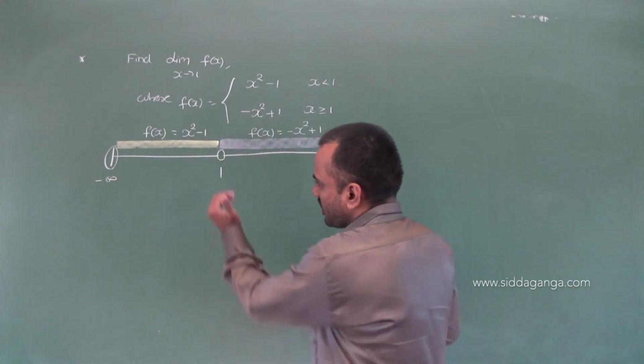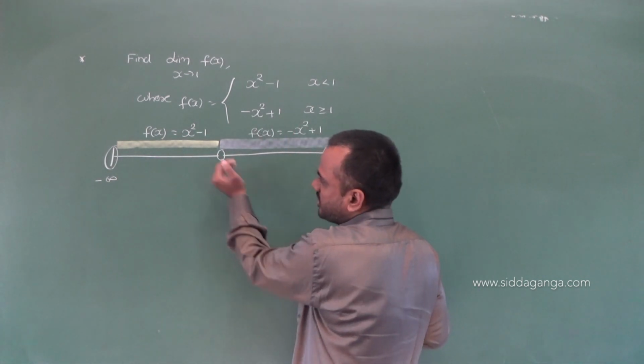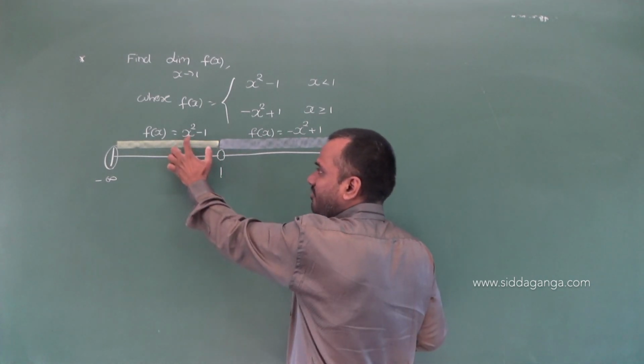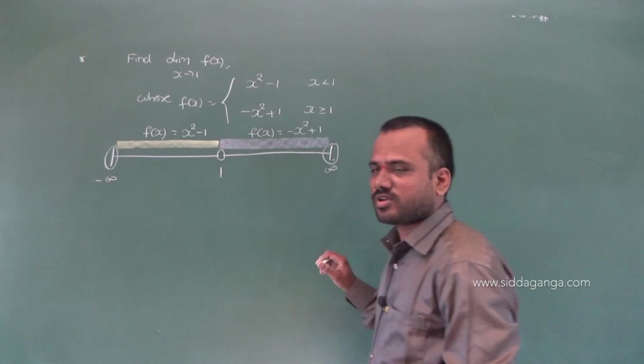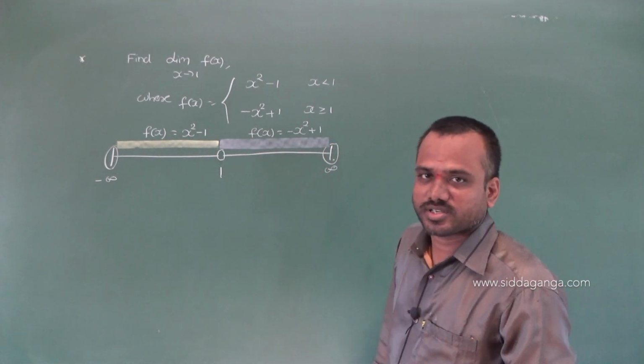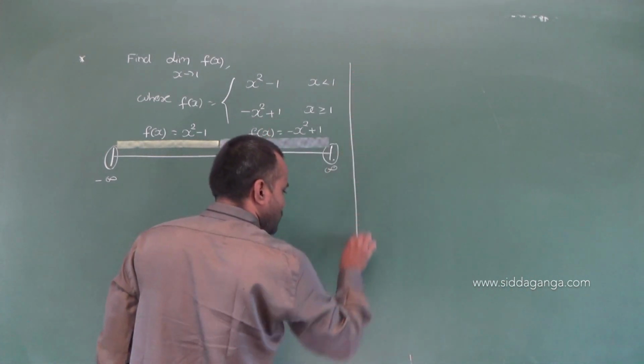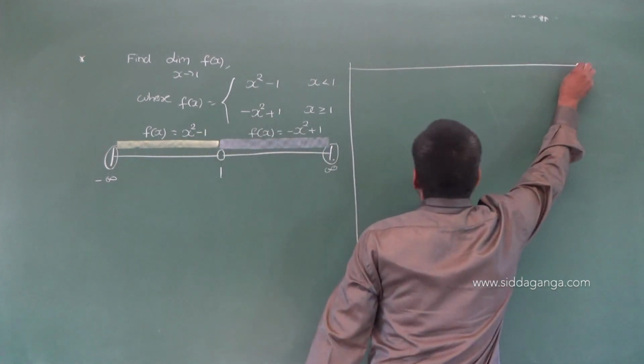In this case, for left approaching and right approaching, we are finding left hand limit and right hand limit. Left approaching the function is x square minus 1, right approaching the function is minus x square plus 1. So both the functions are different.